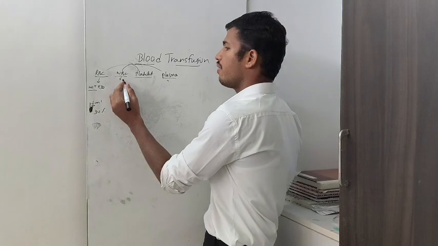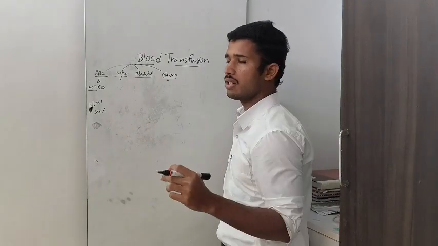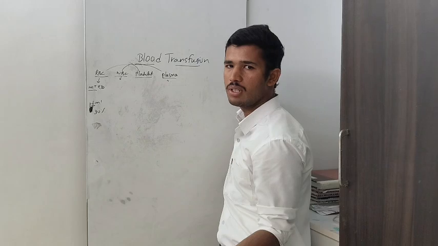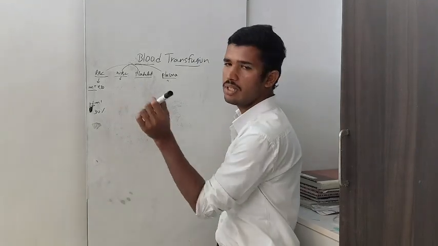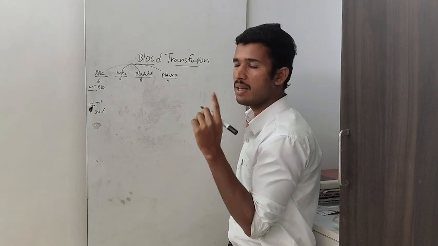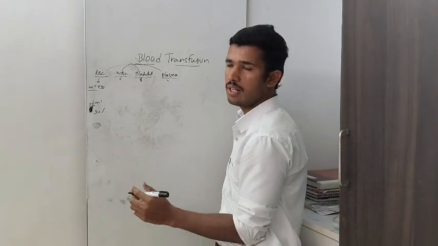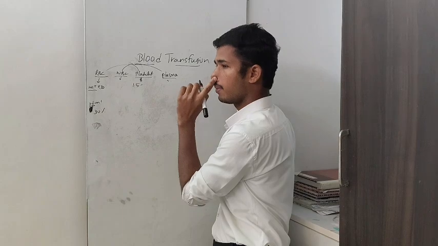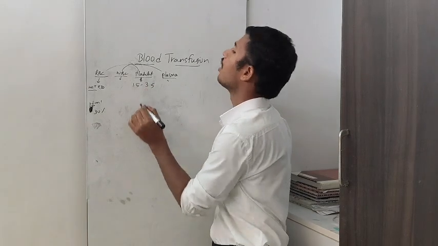When patients have an infection and have less WBC, at that time we transfuse the WBC. If patients have less platelets, what is the normal count of platelets? 1.5 to 3.5 lakh.